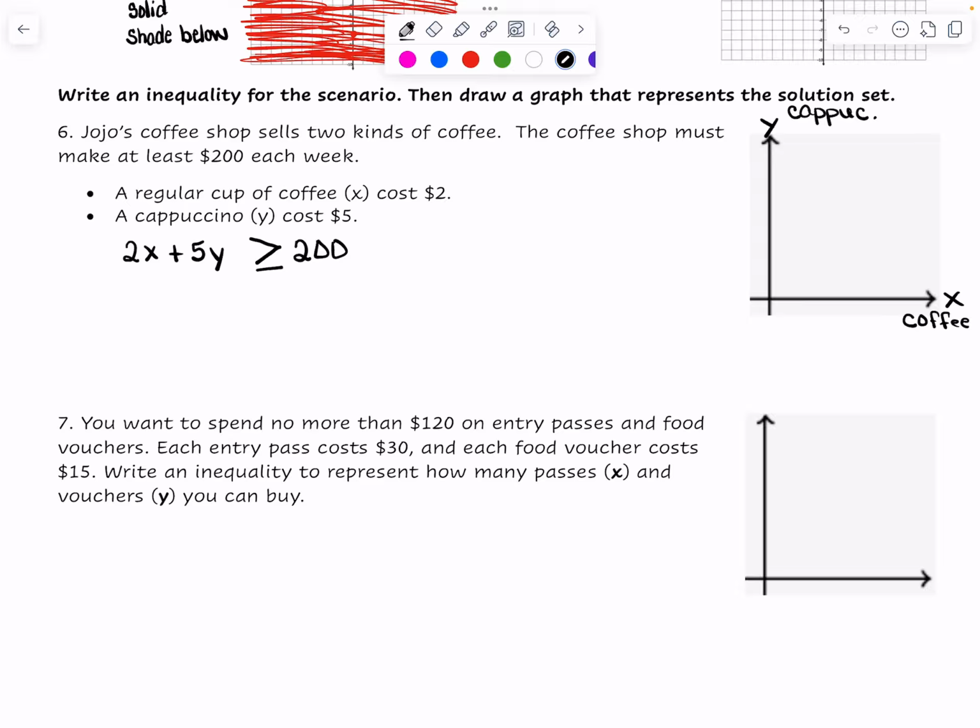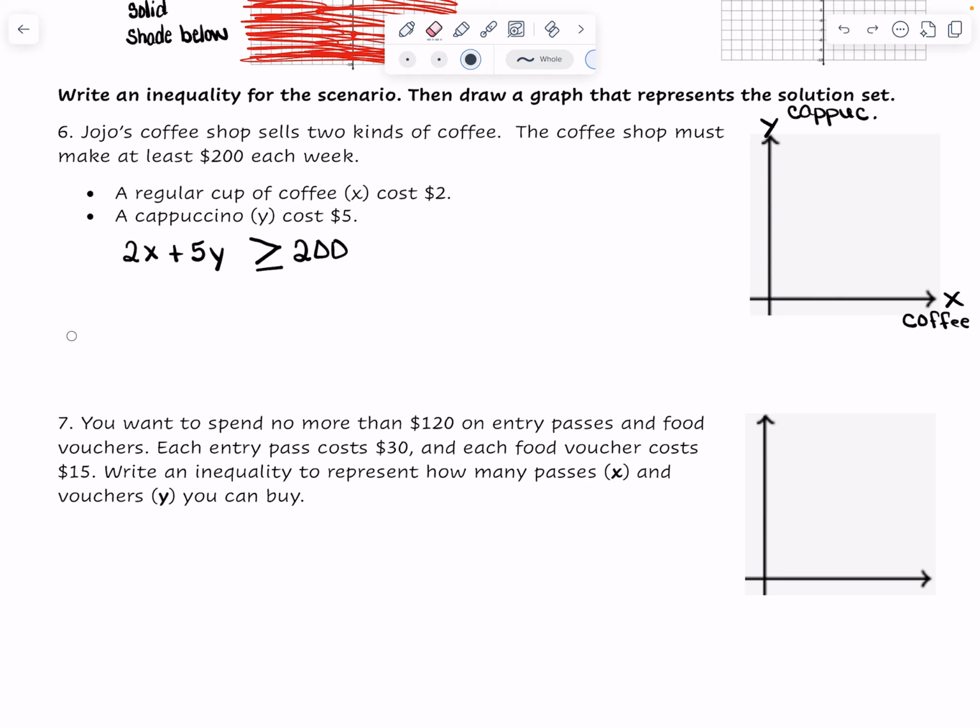Okay. All right, so to find the x-intercept, we're just going to talk about coffees. So imagine that all we have is x. That's going to be our first equation. Okay?